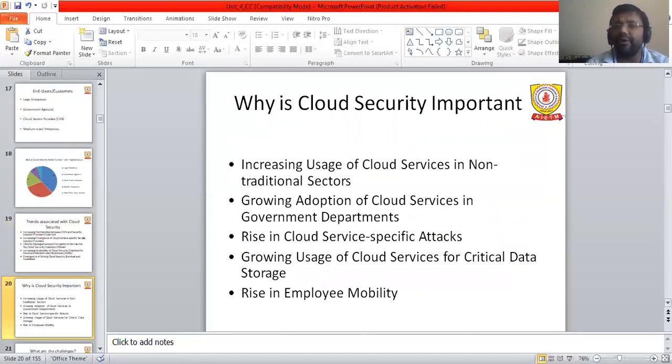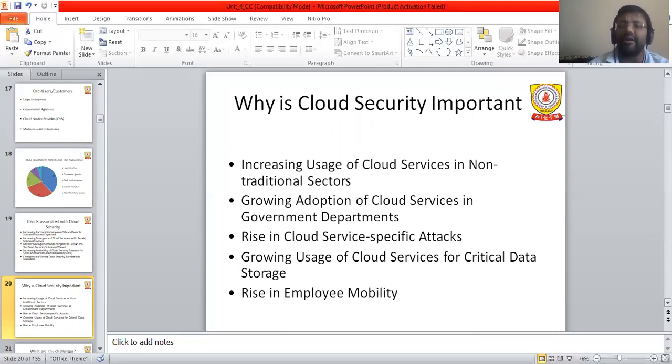Why is cloud security important? Increasing use of cloud services in non-traditional sectors, growing adoption of cloud services in government departments, a rise in cloud service specific attacks, growing use of cloud services for critical data storage, and a rise in employee mobility. So we can say cloud security is important in each sector: traditional sectors like corporate areas, industries, business, processing units, government departments, SMEs, and medium and large scale industries.